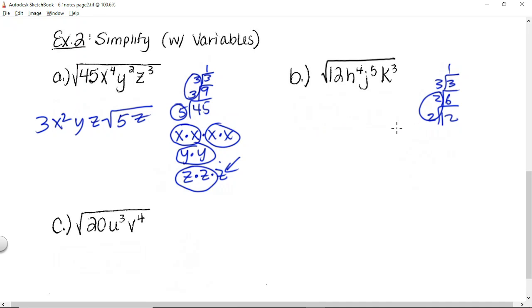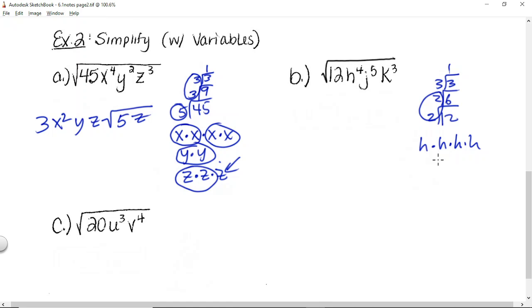So as far as numbers go, we took the 12, we caked it. We have the 2 that goes outside. And we know what goes inside. It's going to be a 3, right? Because that's the leftover that's not in a group. But we got to look at the variables. So we see the h, and it's to the 4th power, so we can write 4 of those down.